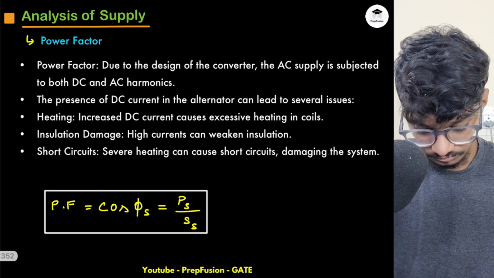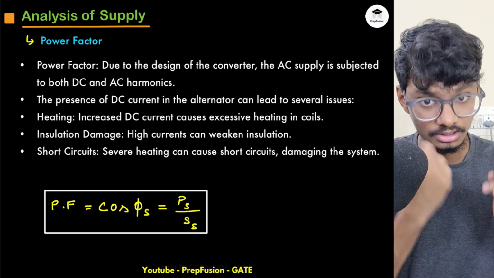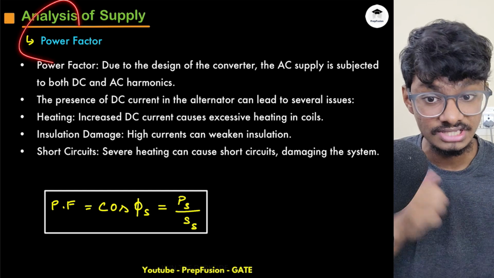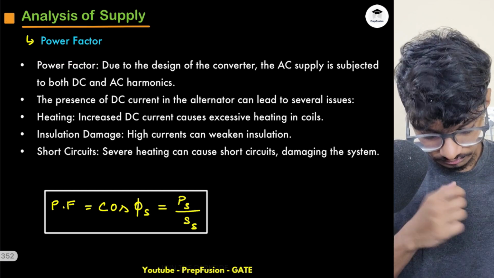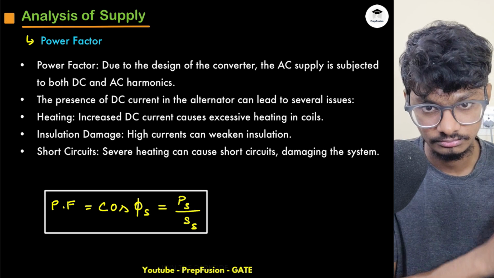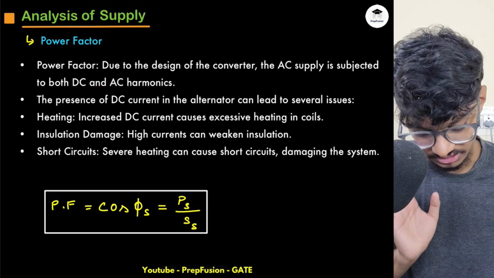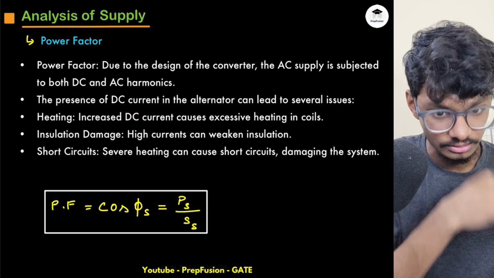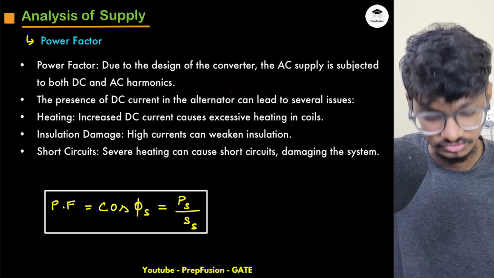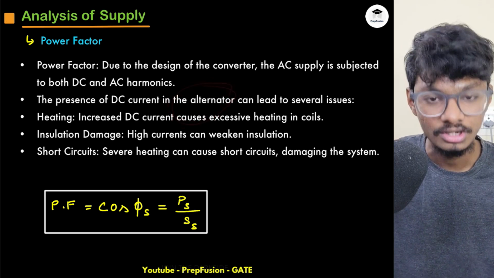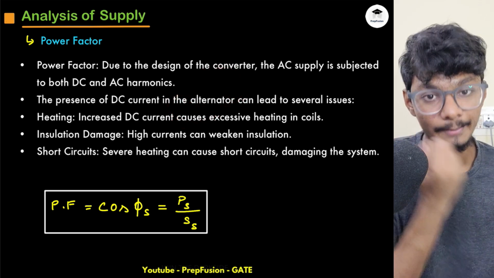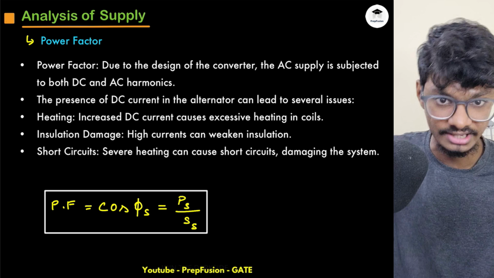Now, another important analysis about the supply is power factor. What is the power factor? If you observe here, everything won't get converted, and there will be harmonics on the AC side of the supply. As DC current is flowing through the generator, which is generally an alternator, you will understand this in machines, that our supply voltage is given out from the alternator.